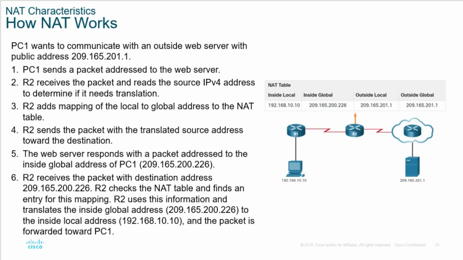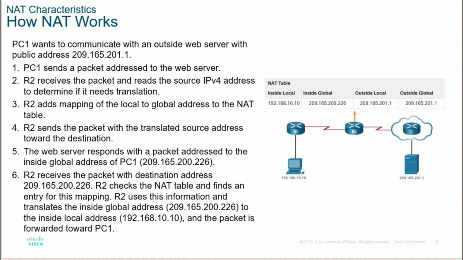Okay, so what it does adalah dia akan letakkan ataupun rekodkan information ini di dalam NAT table. So dia akan ambil the private IP address dan letakkan dalam field inside local. Next, dia akan buat translation untuk dia tukarkan daripada private IPv4 address kepada a public IPv4 address.